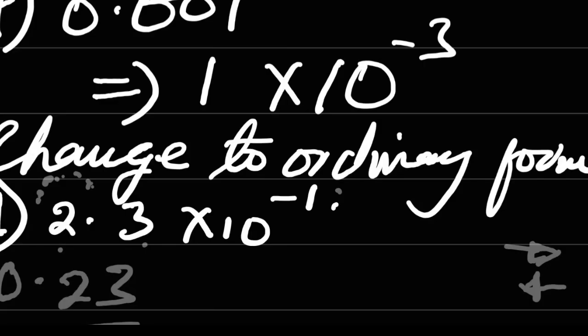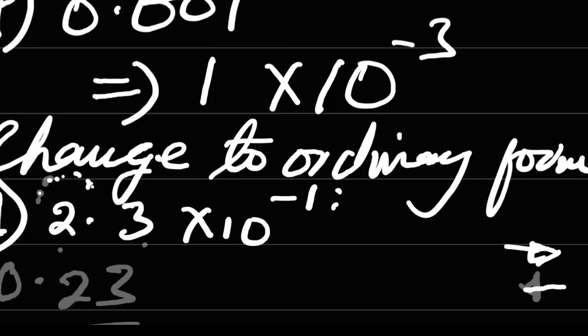Minus 1 means the decimal is moving once. And since it is minus, this time around it will be going in this direction. When we're dealing with numbers greater than 1, we are moving in the other direction. But now that we are dealing with small numbers, that is why the power has minus.